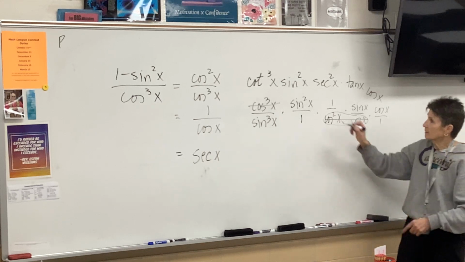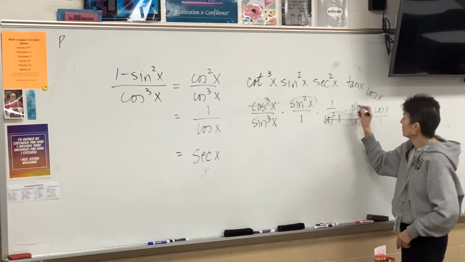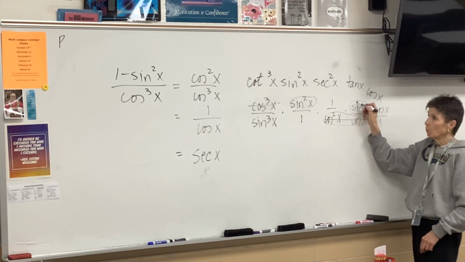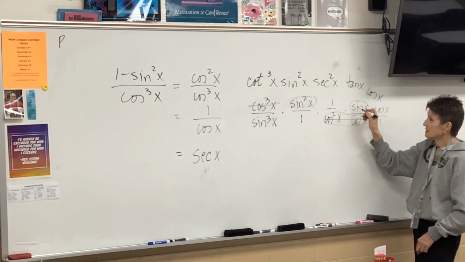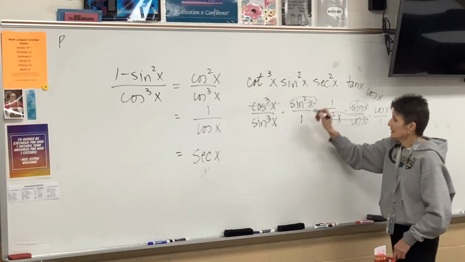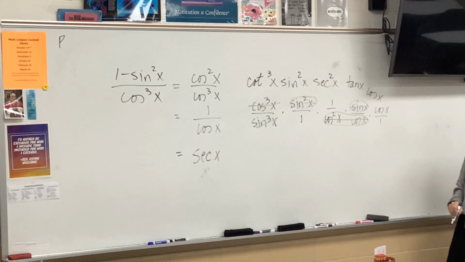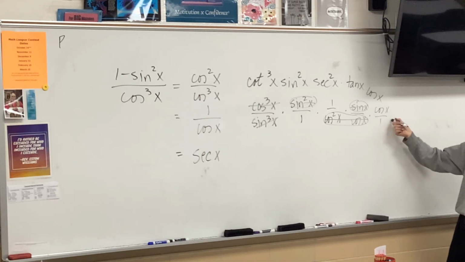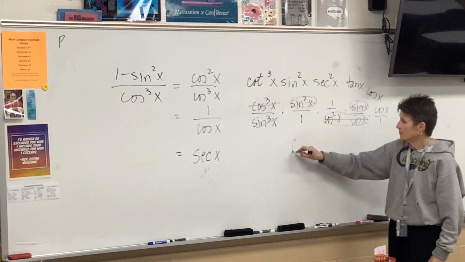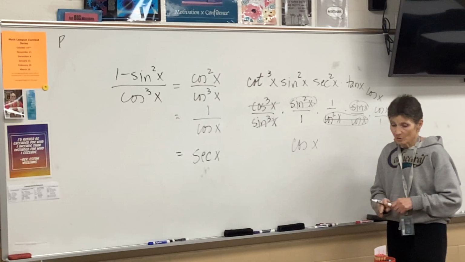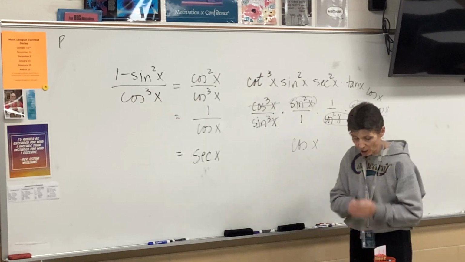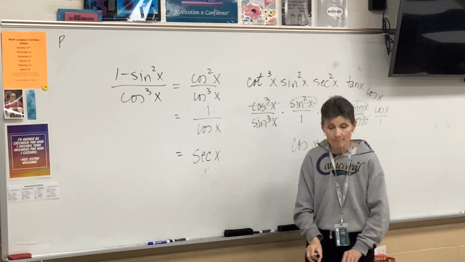Oh, and look here, I have a sine squared and a sine. Won't those 3 sines cancel these 3? Looks like all I have left is cosine. So that one boils down to just cosine.